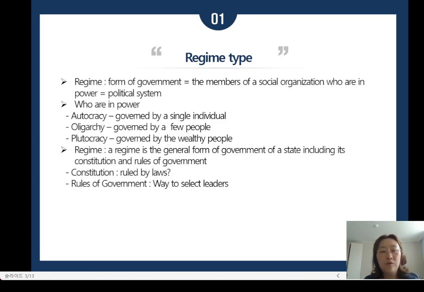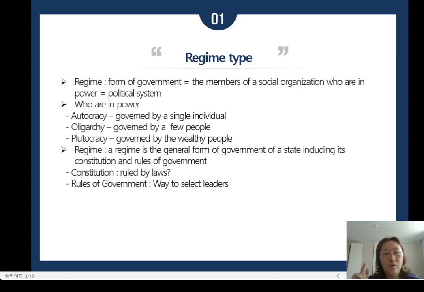And the members of social organization who are in power, it's a form of government, who are in the government, the members of social organization who are in power. So sometimes elected, but sometimes they got power by force. So for instance, some made a coup d'état, right? So throughout the coup, sometimes people came to power, but it doesn't mean that they are elected, right?